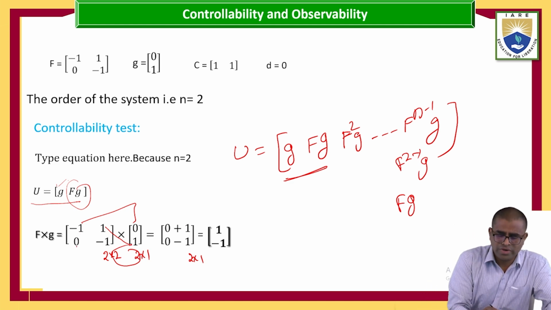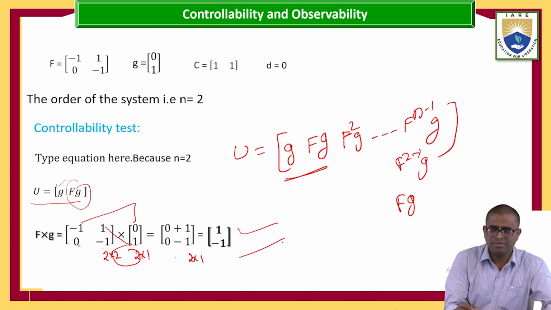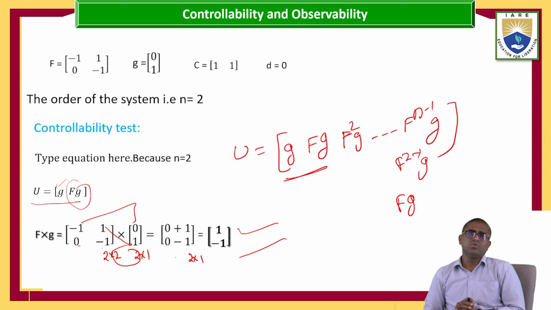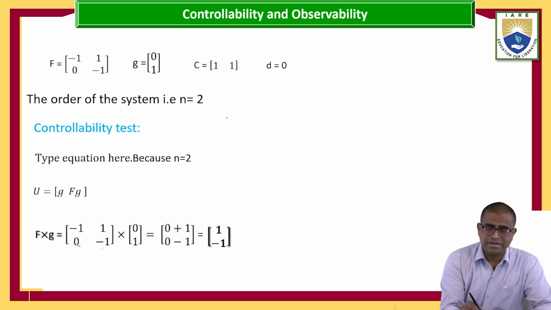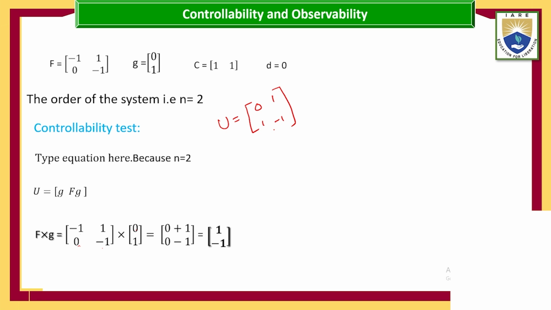Next, 0 into 0 plus minus 1 into 1, that is minus 1. We got 1, minus 1 as the fg value. Now substitute into the standard form: U equals g, which is 0, 1, and fg, which is 1, minus 1.